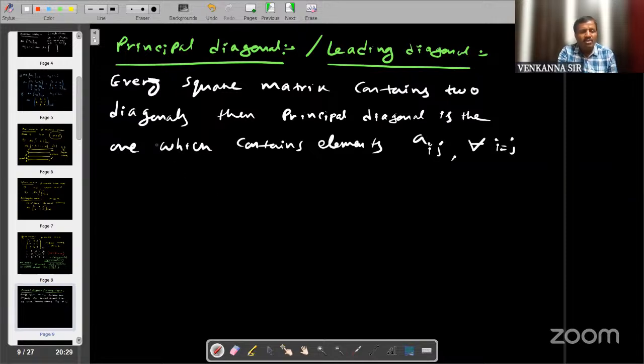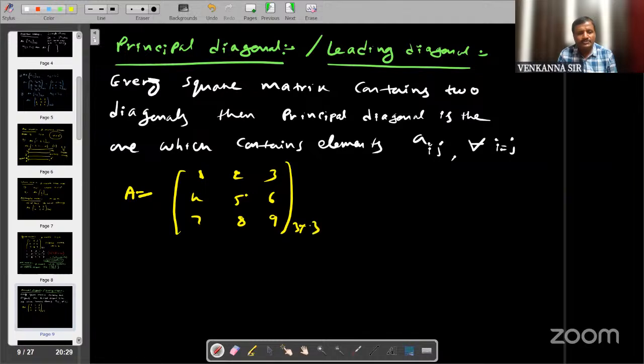Another name of the principal diagonal is the leading diagonal. If you take the example 1, 2, 3, 4, 5, 6, 7, 8, 9, this is a 3 by 3 square matrix. What is the principal diagonal here?